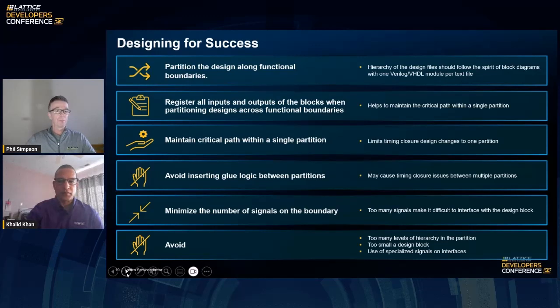This gives more flexibility for the router to have more choices of routing and to be able to ensure that there isn't a critical path due to routing between the blocks. And then finally, the size of the macro is important. It's really best not to have a macro that is too small, in the range of a few thousand logic cells.